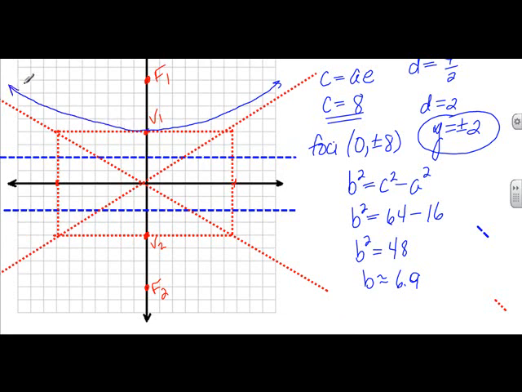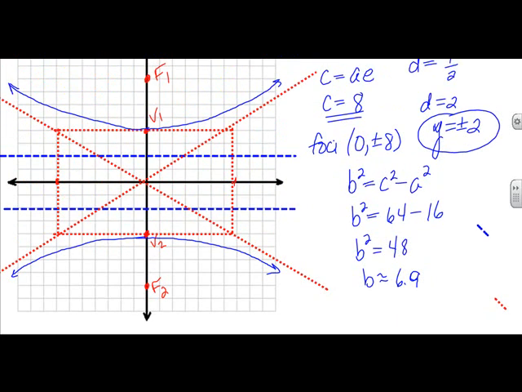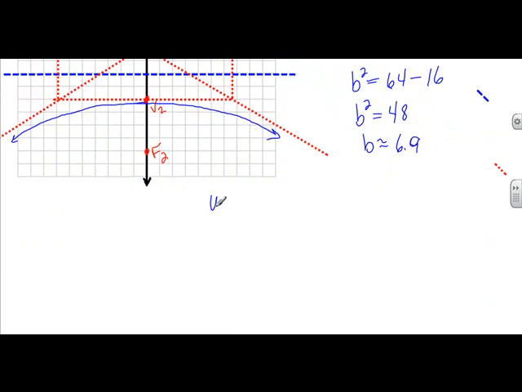So the equation for this hyperbola is going to start with y squared over a squared minus x squared over b squared equals 1. Let's see. We might need equations for the asymptotes here.